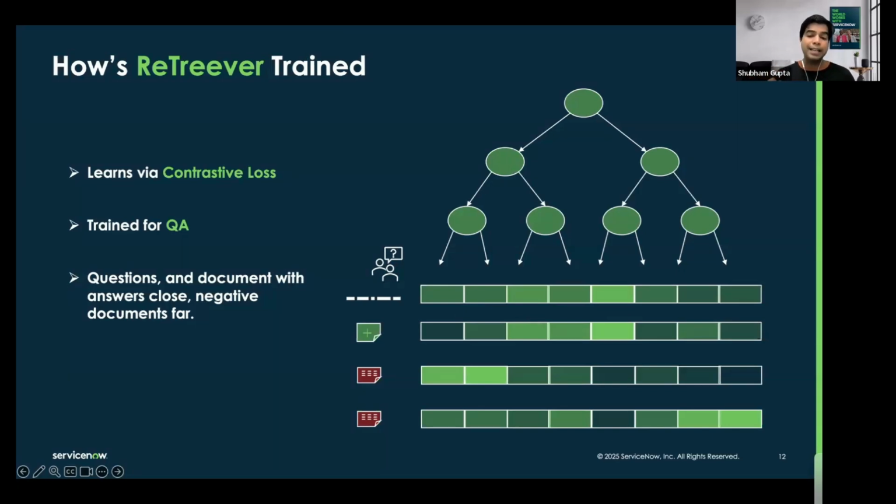But it also encourages that the documents that do not contain the answer to this query should have a distribution which is different from the distribution of this query. By encouraging this closeness between user query and the positive documents and distance between the user query and the negative documents, we're able to train our tree in a robust and accurate fashion.